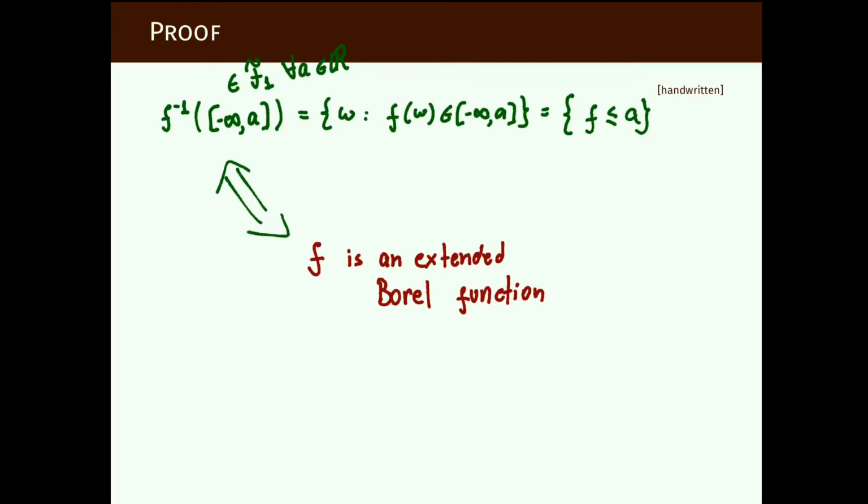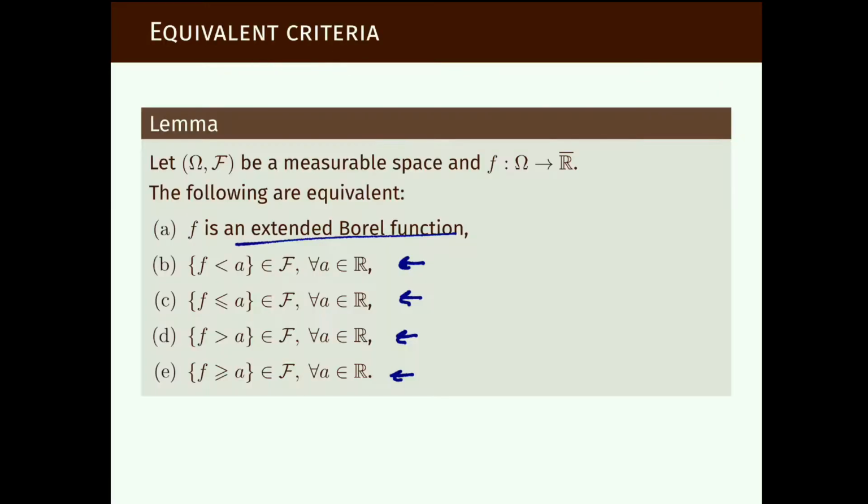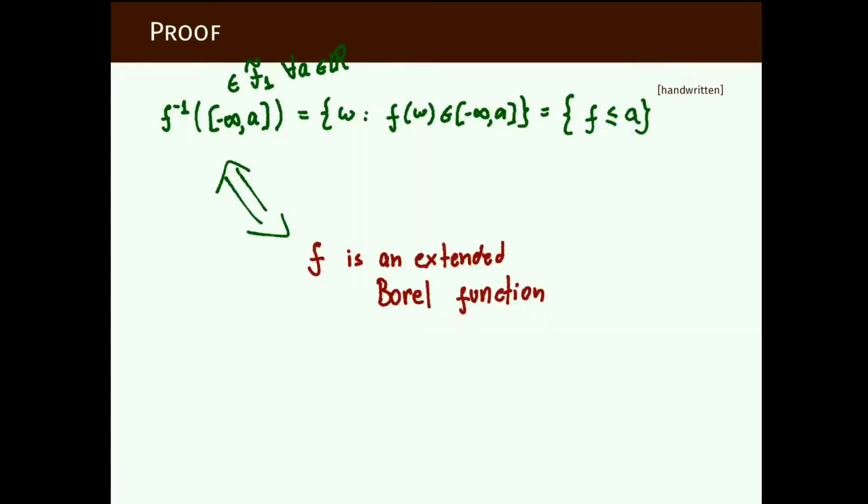So let us go back 2 slides. This f less than or equal to A here, which I'm copying here, really just means the condition that f of omega is less than or equal to A, which is the pre-image of this closed interval. And now, how can we conclude that these two conditions are equivalent?